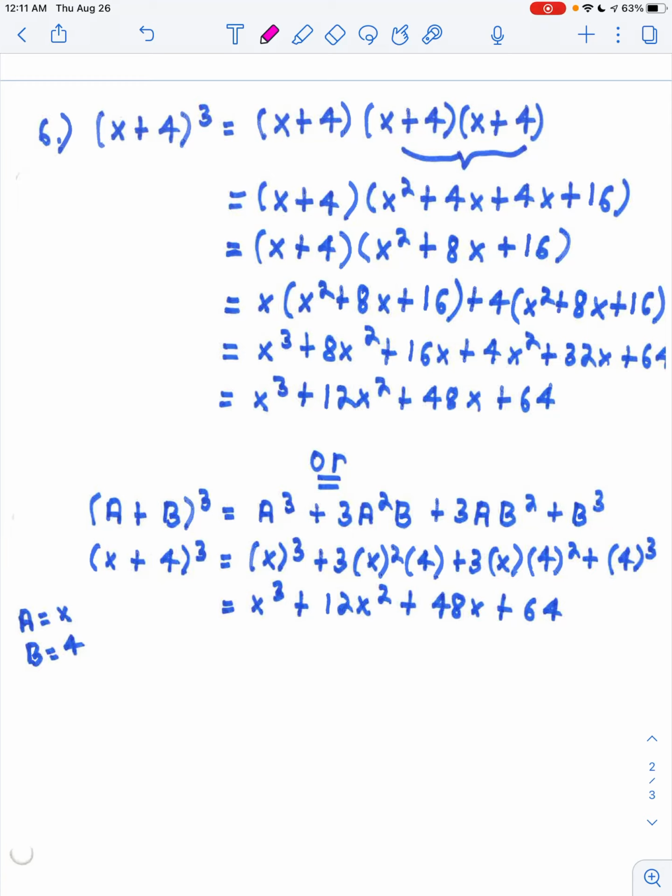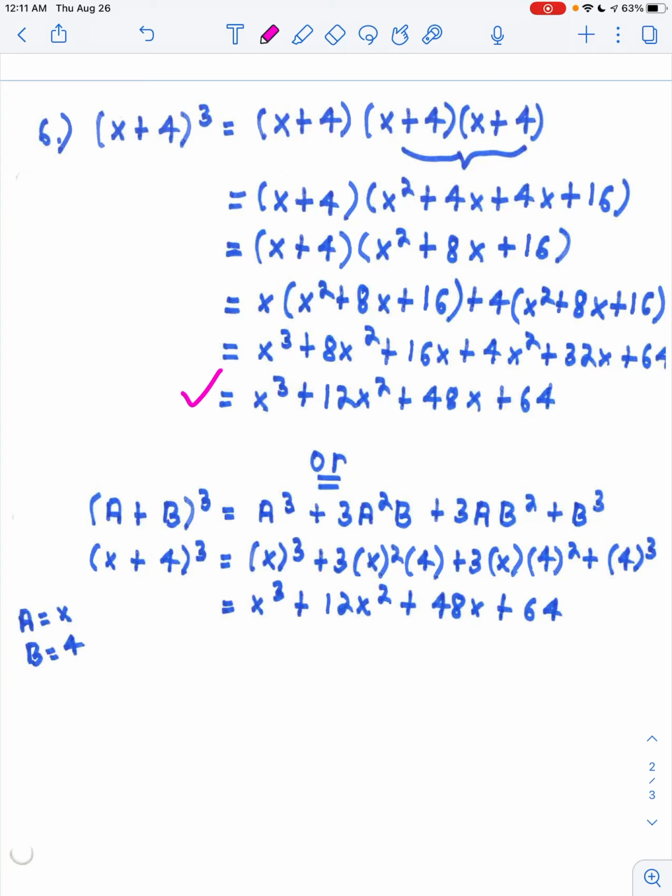I opted to take the last 2 just to make it easier when I write it. And you see that gives x squared plus 8x plus 16. And then I have to multiply that by the first factor of x plus 4. And I'm distributing like I did in problem 5. The result is what you see on the final line right here, x cubed plus 12x squared plus 48x plus 64.